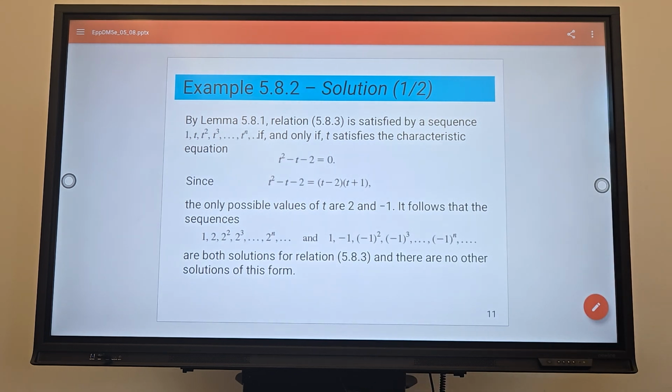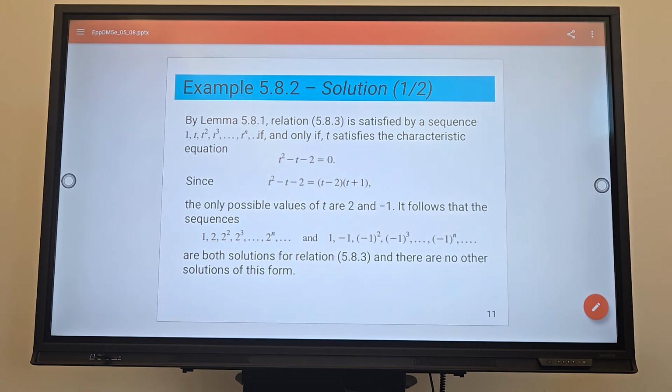By lemma 5.8.1, the relation is satisfied by a sequence if and only if t satisfies the characteristic equation t squared minus t minus 2 equals 0. Since t squared minus t minus 2 equals t minus 2 times the quantity t plus 1, the only possible values of t are 2 and minus 1.